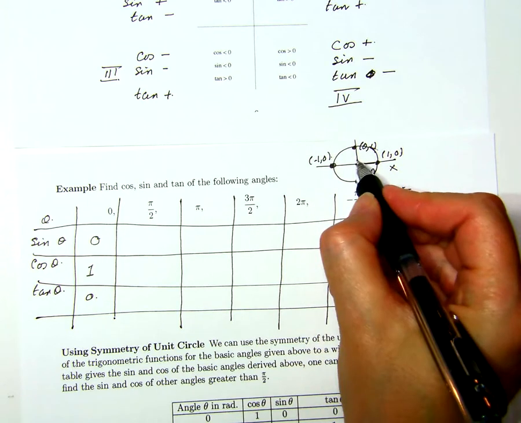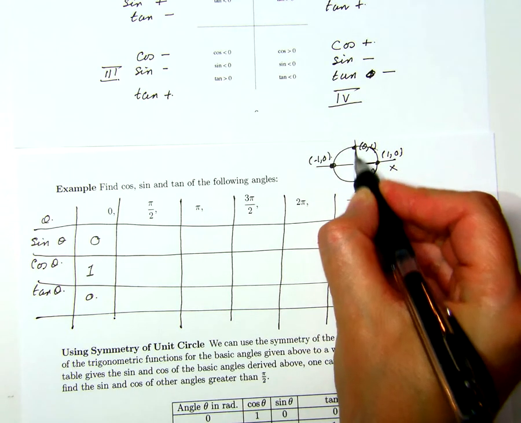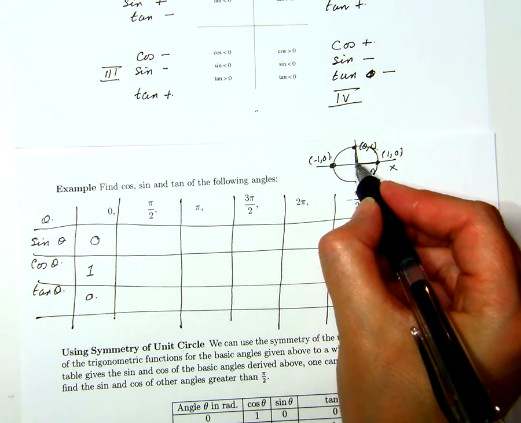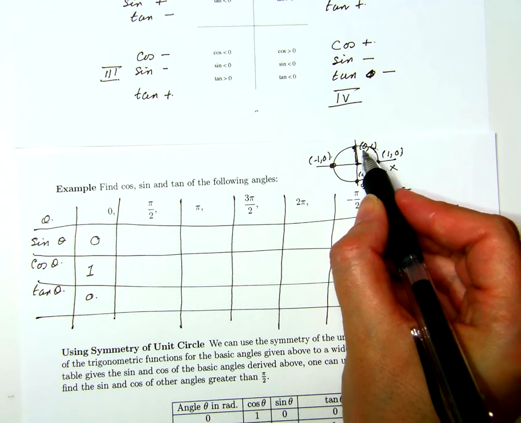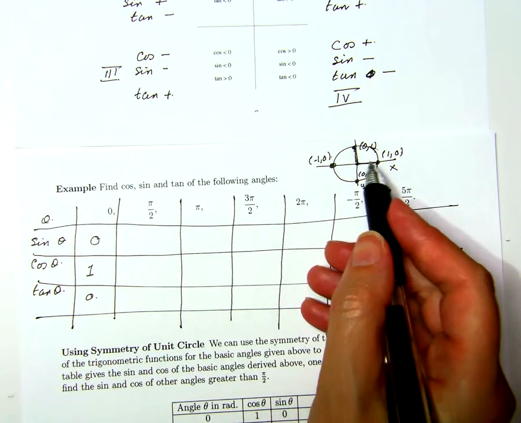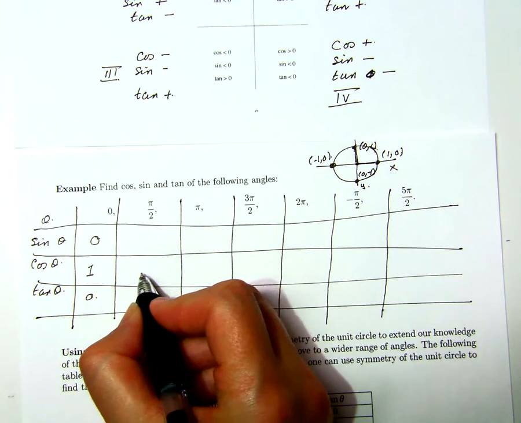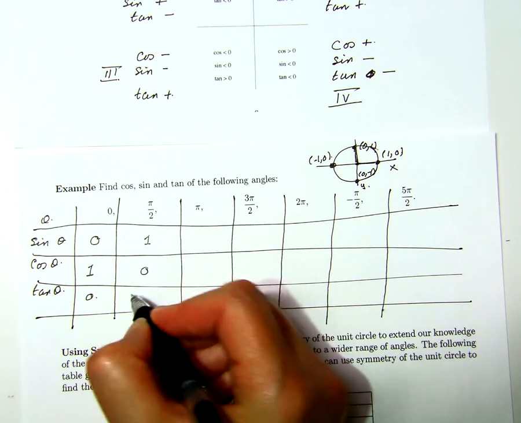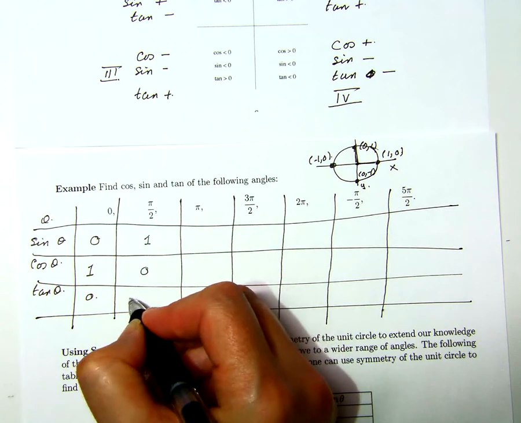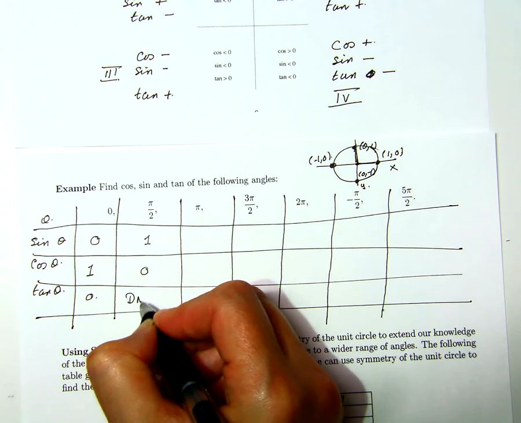The angle pi over 2 has a terminal ray coinciding with the positive y-axis, which cuts the unit circle at the point (0, 1). So cosine of this angle is 0, sine of the angle is 1, and tangent is sine over cosine, which is 1 over 0, which does not exist.